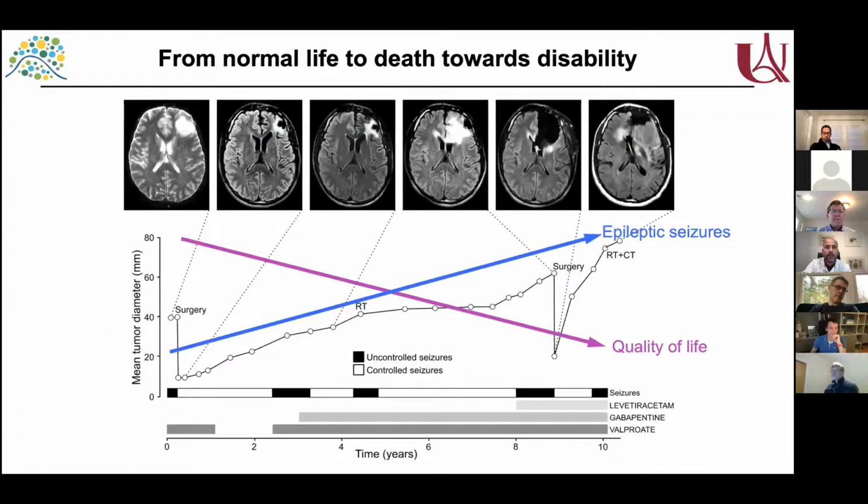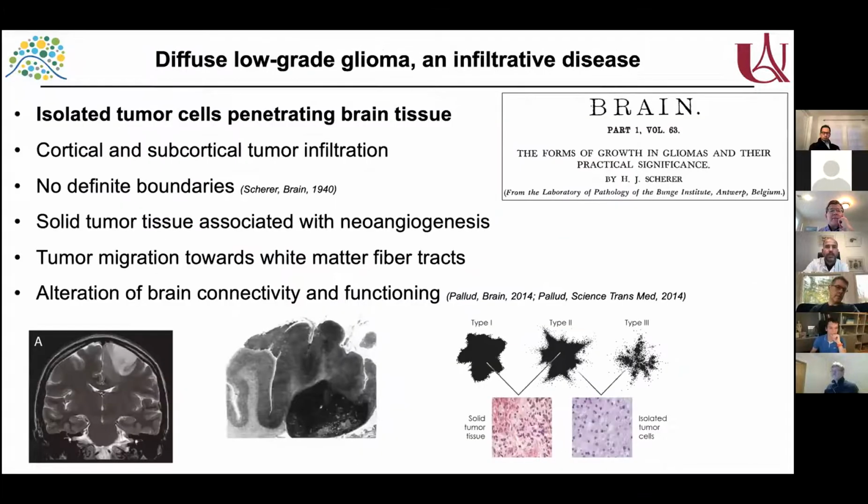Starting from my clinical practice, we know that diffuse low-grade glioma is a disabling disease with an increase of the frequency of epileptic seizures together with a decrease of the quality of life over time. And we know from pathological analysis that diffuse low-grade glioma disease is an infiltrative disease with no definite boundaries, and that isolated glioma cells infiltrate the brain parenchyma surrounding the tumoral core at both cortical and subcortical levels.